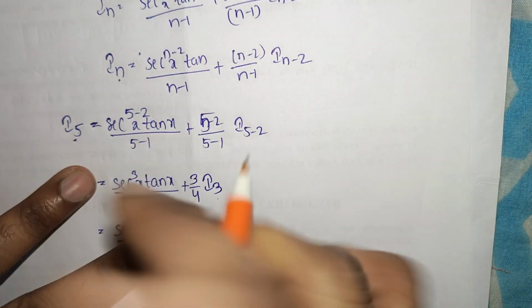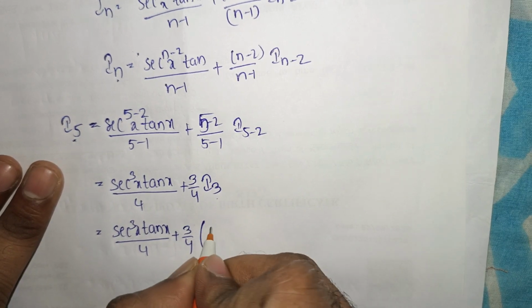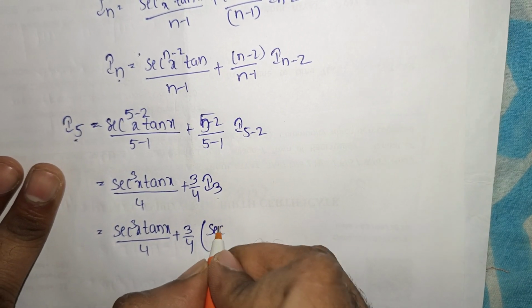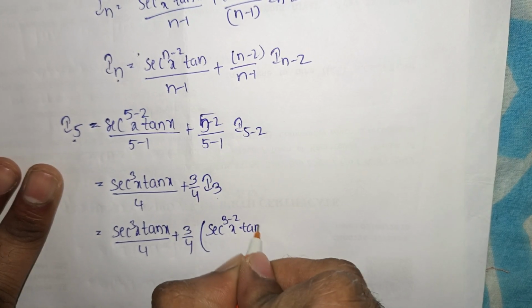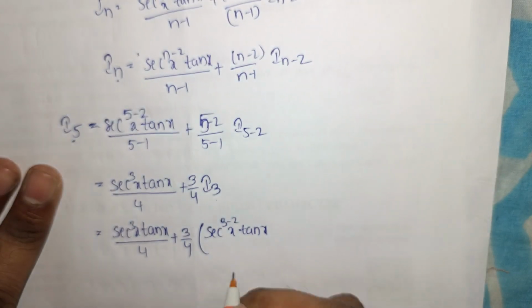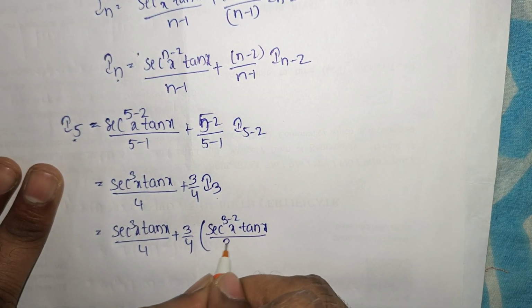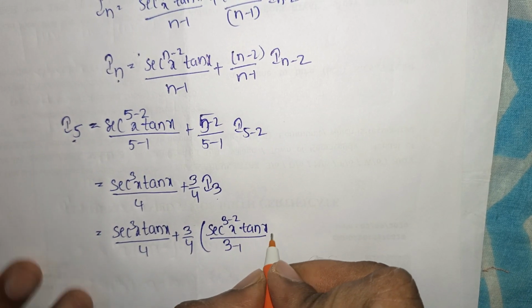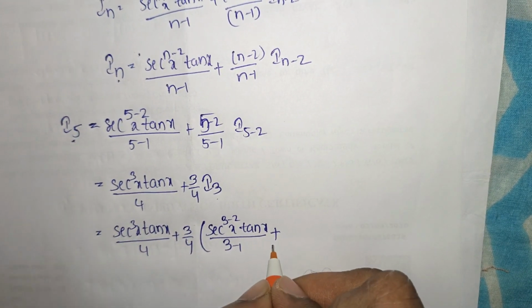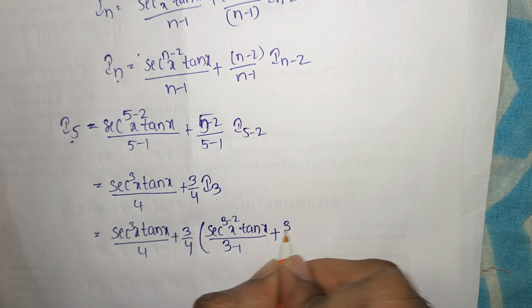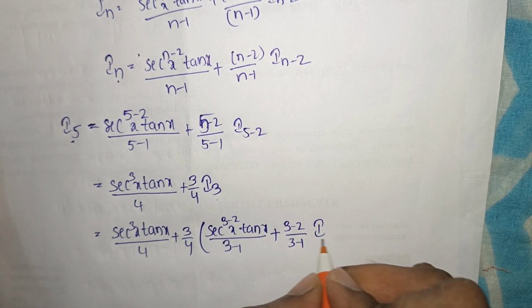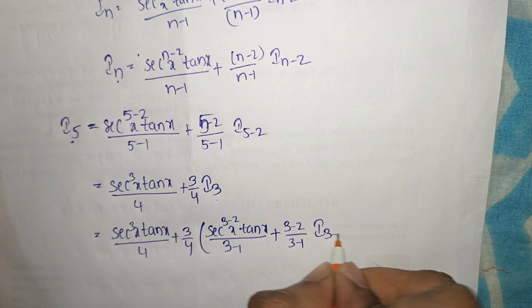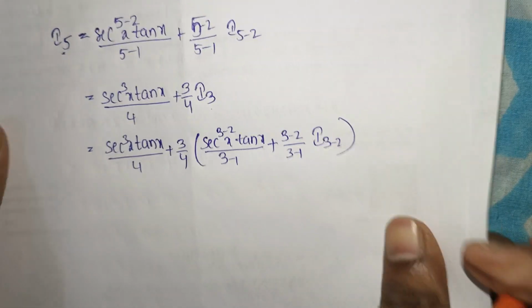So the formula in the brackets is secant to the power of 3 minus 2 x tan x by 3 minus 1, plus (3 minus 2) by (3 minus 1) into I of 3 minus 2. Here it's I_(3 minus 2). So what do you get here?